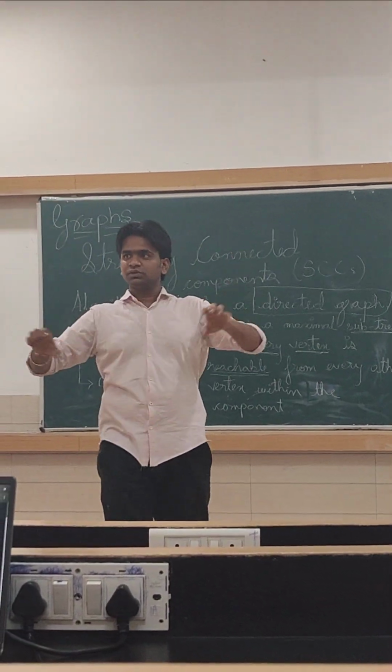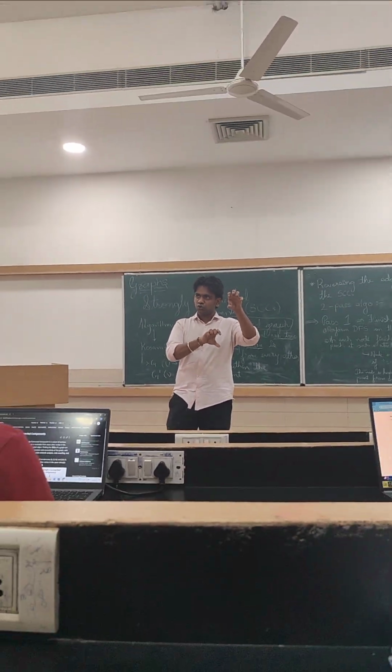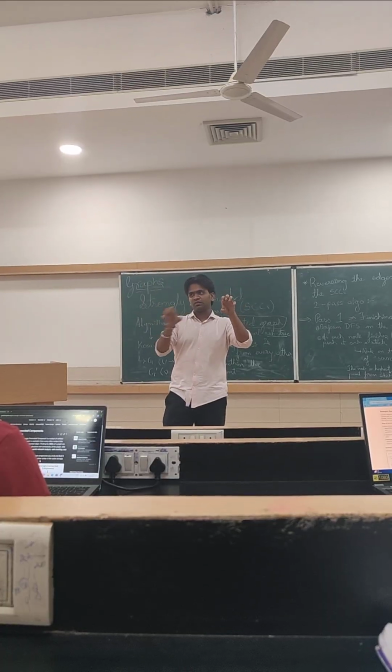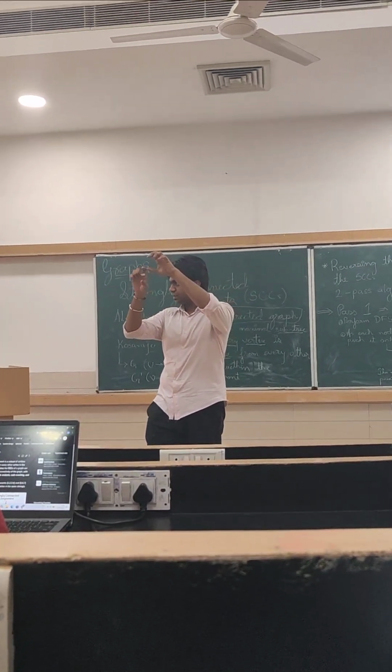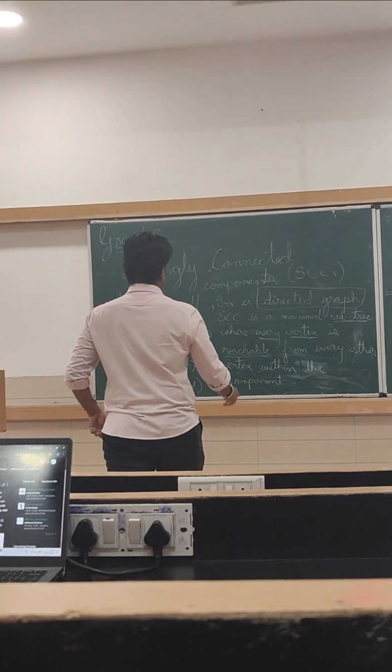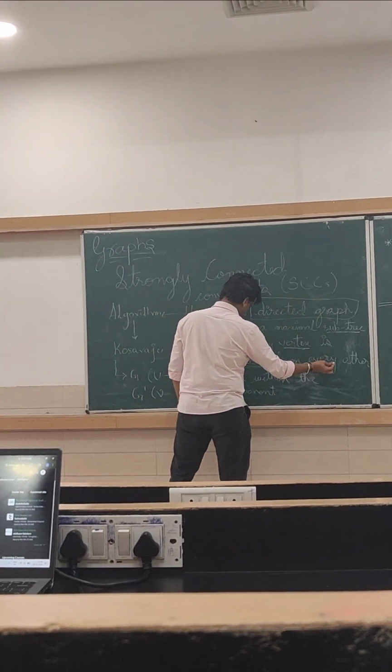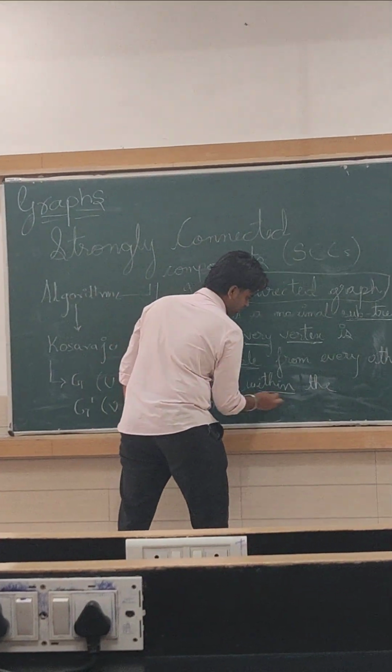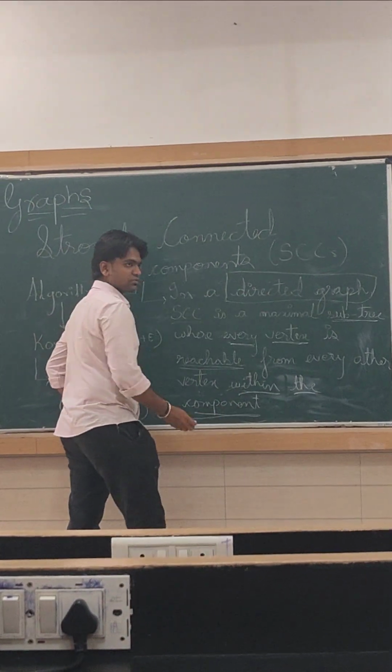So if this is your maximal subtree, every vertex should be reachable from every other vertex. Are you getting it? And it's a directed graph. Remember that. Every vertex is reachable from every other vertex, obviously within the component.